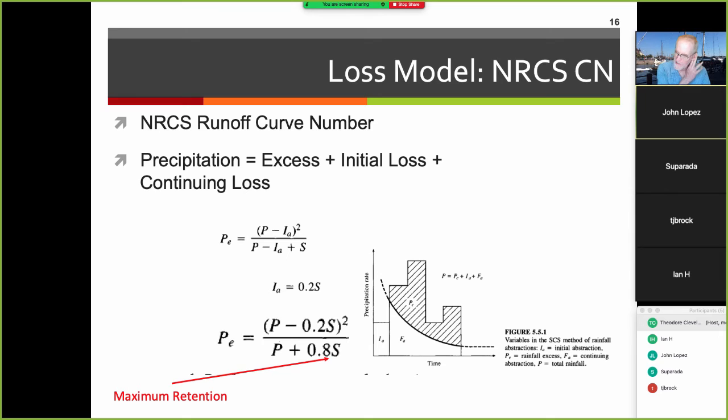Think of that as a storage term. Now, whether it's retained on the surface or in the subsurface is not distinctly quantified in the SCS method. It's just retained on the watershed.